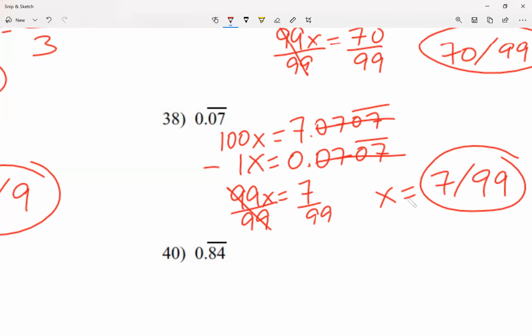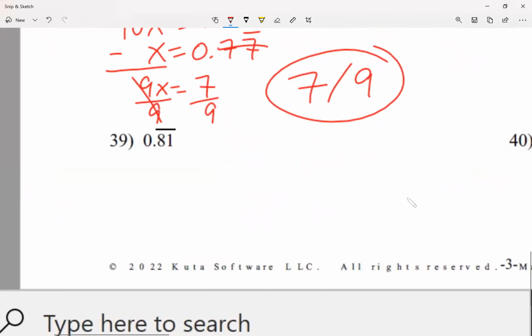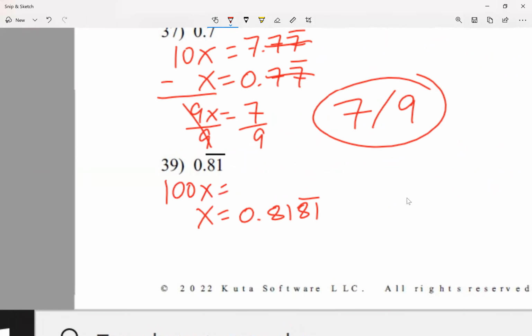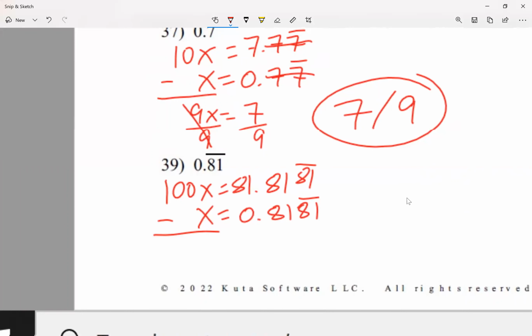All right, let's take a look at two more questions. Number 39, 0.81. I'm going to say 1x is equal to 0.81818181, and then 100x is equal to 81.8181, on and on. Let me subtract 100x minus 1x, that's 99x.